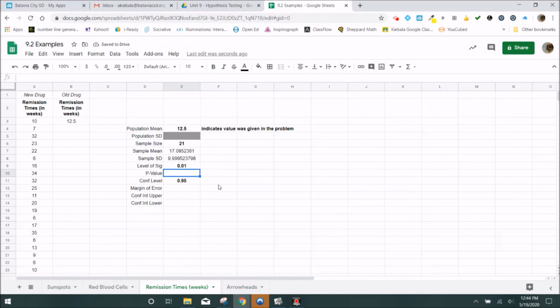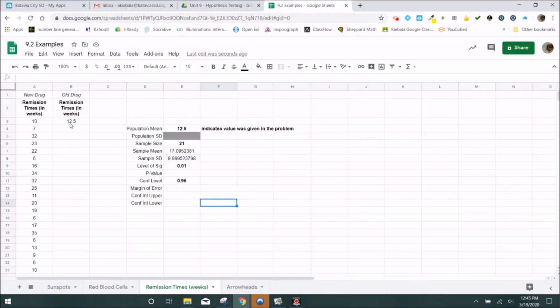Now for the p-value, because we don't know the population standard deviation, instead of a z-test, we're going to do a t-test. Now, before we do that, the way Google Sheets is set up, it wants to have a value paired with every piece of data in this data set here.